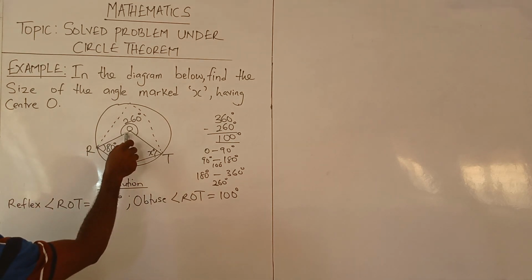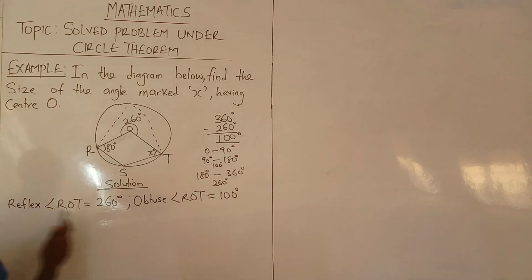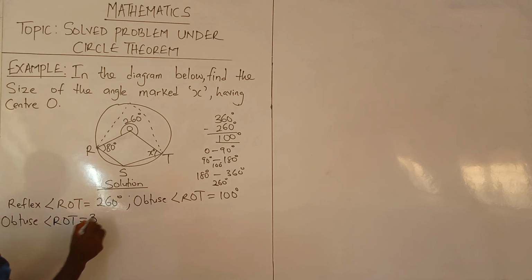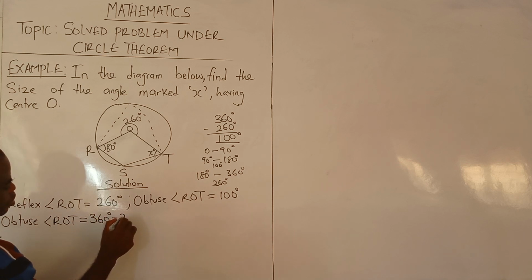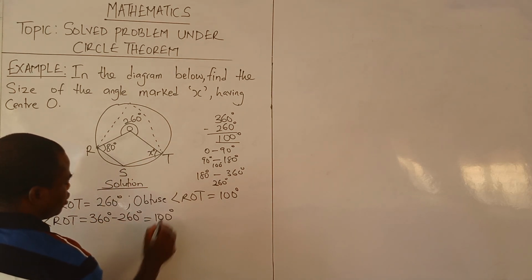Now, how do you get this? How do you get 100 degrees? Angles at a point have 3 angles. Obtuse angle ROT equals 360 degrees minus 260 degrees, which is 100 degrees.